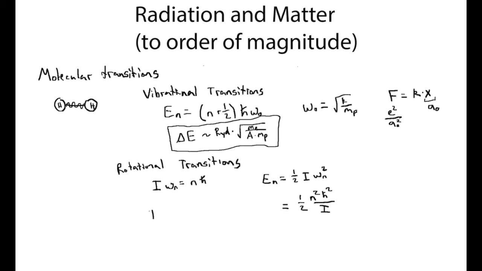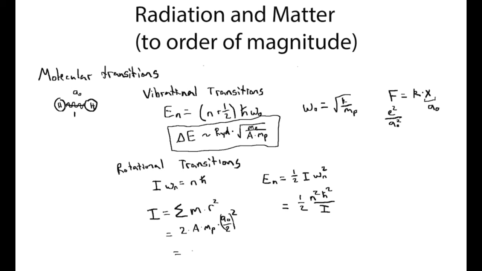And if we recall the moment of inertia, we assume, let's say, a symmetric molecule, the moment of inertia is the sum of masses times the square of their distance away. Then if we assume separations are of order Bohr radius, we end up with 2 times the atomic mass counting for each atom, each of which is at a distance a0 over 2.